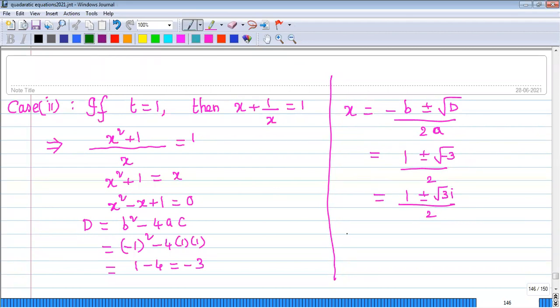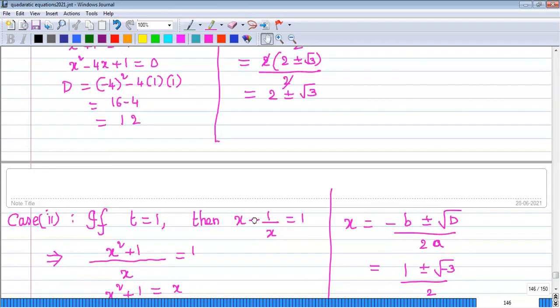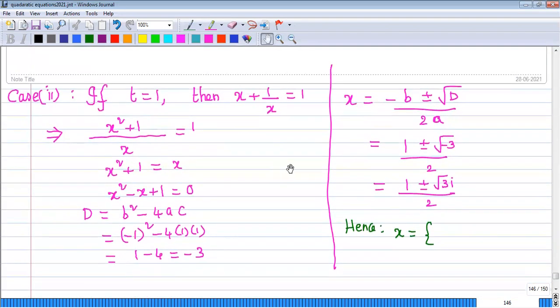Therefore, x is equal to 2 plus or minus root 3 from the previous case, and 1 plus or minus root 3 i upon 2. So these are the solutions of the given equation.